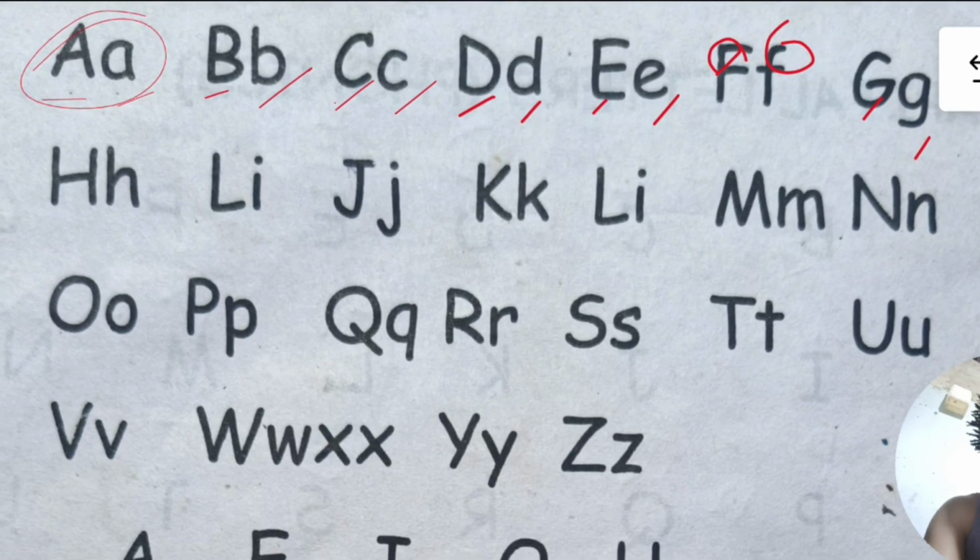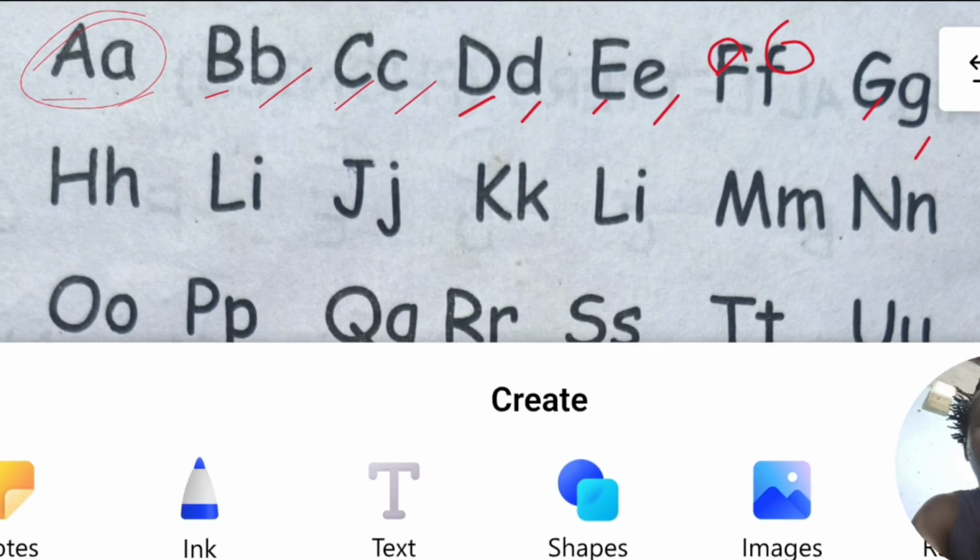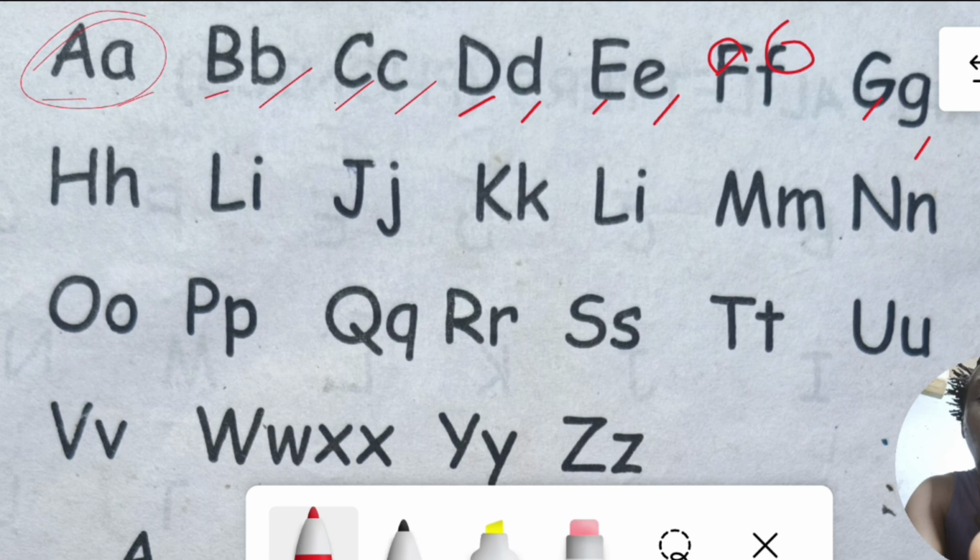And then H, capital H and small h, also different. This one here must be I, but this one is wrong. Capital I is written like this.